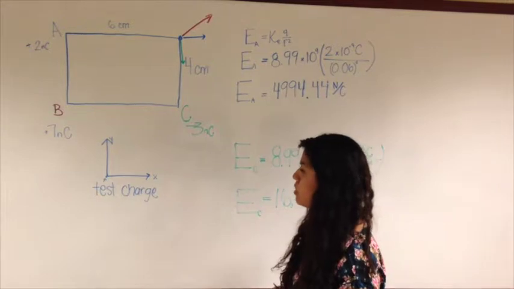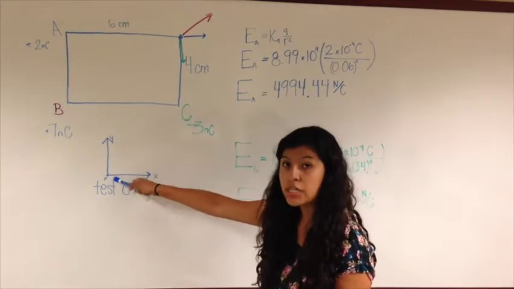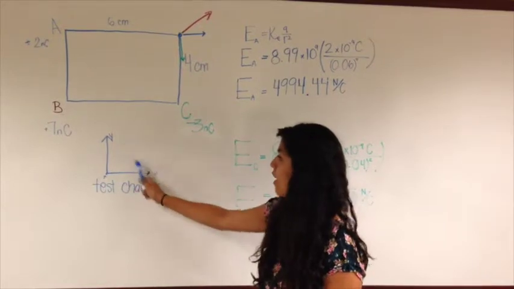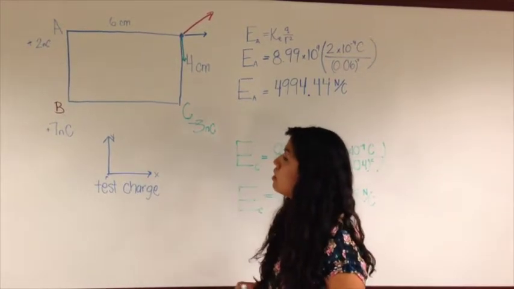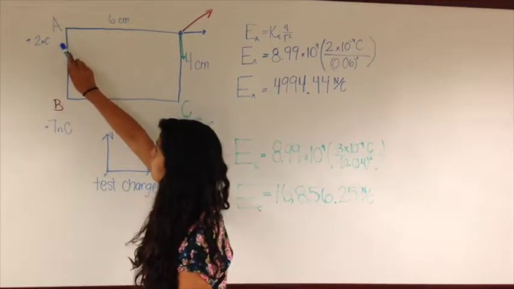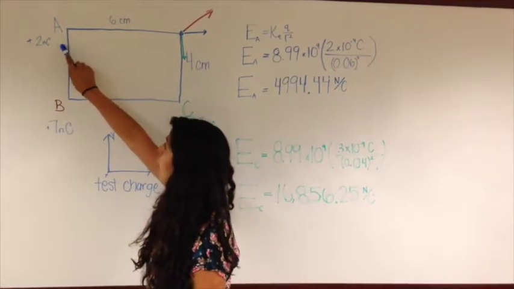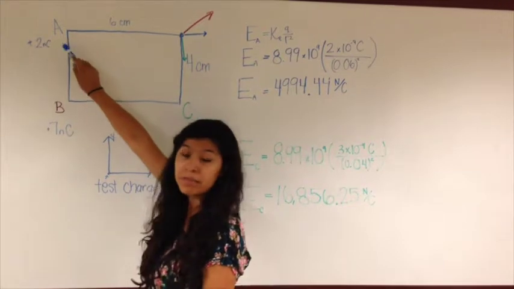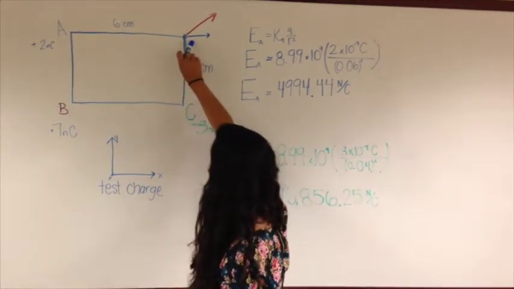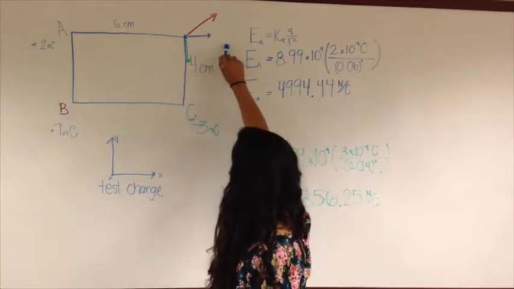So to do that, we're considering our test charge as the origin and set up our x and y axes according to that. So the direction of the electric field of this charge points away from it because it is a positive charge. So the direction would be going to the right.